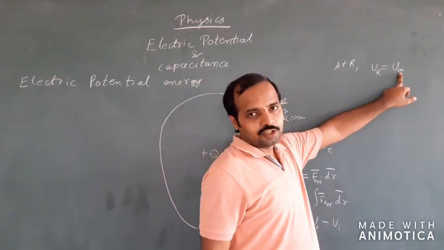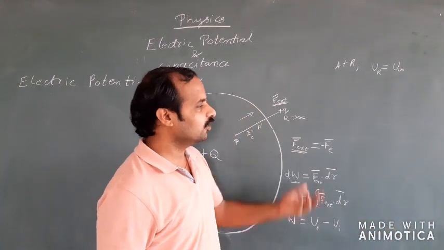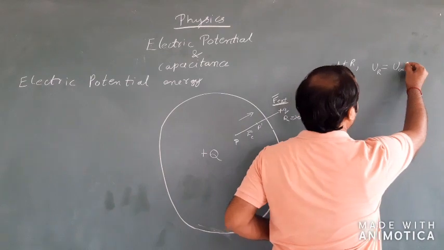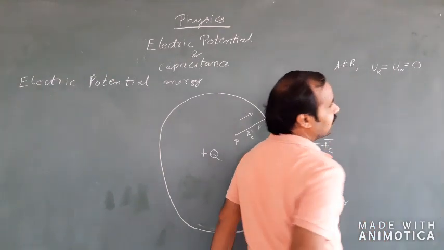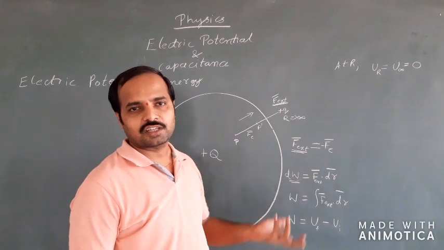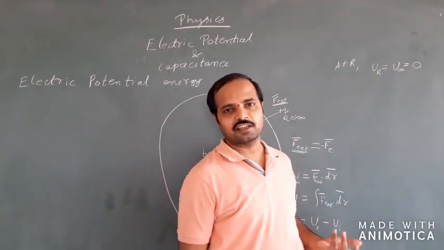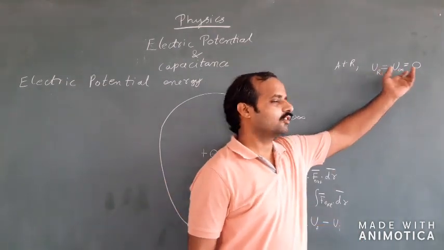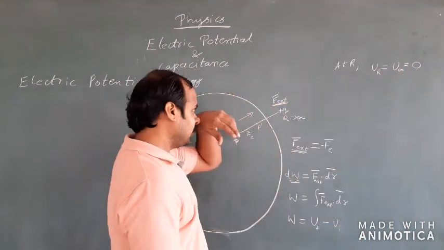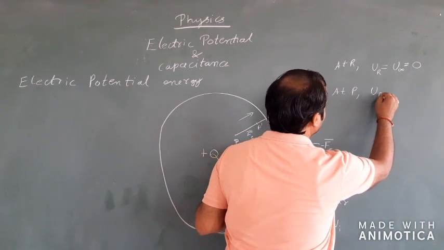In electrostatics, this U_infinity is most of the time taken as 0 for convenience, because potential energy is a scalar quantity, and since U_infinity is being taken as a reference point, we take it as 0. Now the potential energy at P can be taken as U_P.